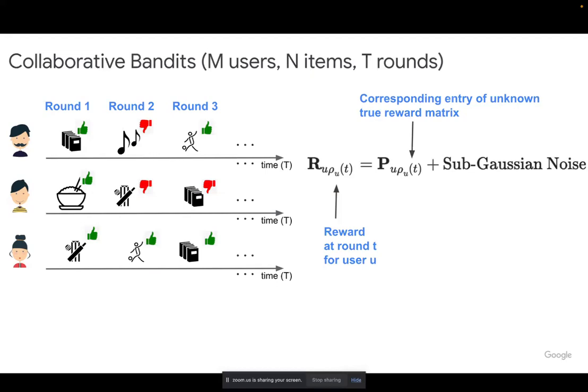This corresponds to the entry of the true reward matrix for the user U and the item ρ_U(T) that was recommended by the decision-making algorithm. This is the true reward, plus we have some sub-Gaussian noise. And so this noisy reward generalizes the binary setting because a binary like or dislike is a sub-Gaussian random variable as well.